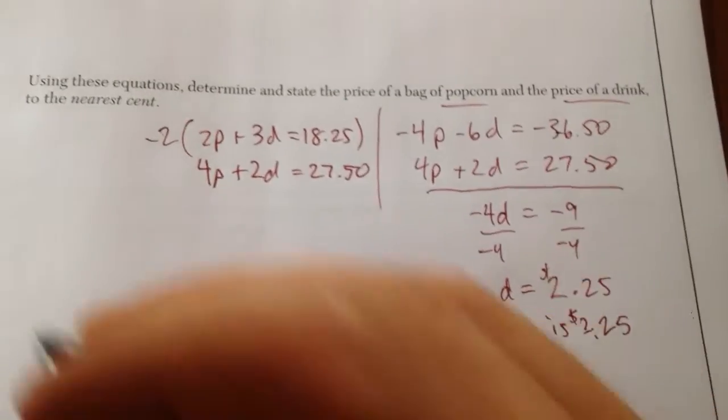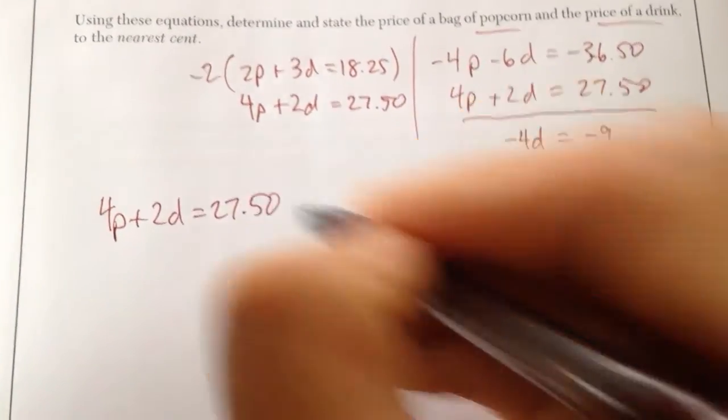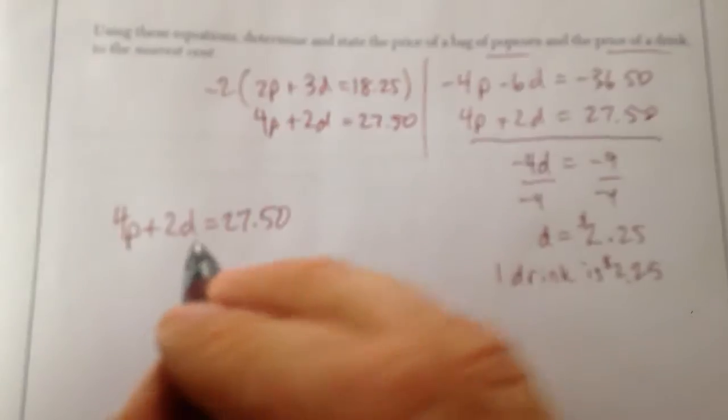To find popcorn, what I'm going to do is take one of the original equations. It does not matter which one. I'm going to plug in 2.25 for d.